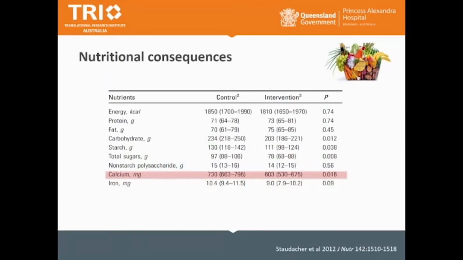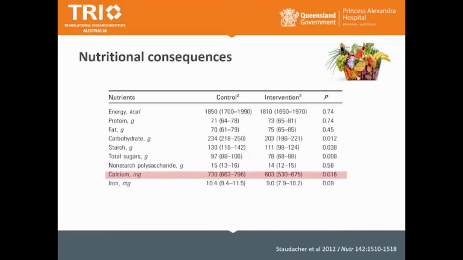So I just want to touch a little bit on the nutritional consequences of the low FODMAP diet. You can see here, this is a comparison of patients who were randomised to continue their normal diet, so that's the control group, and patients randomised to receive low FODMAP dietary advice, and this is their nutrient intake at 4 weeks. And you can see energy intake, protein, fat intake was not different between the two groups. Carbohydrate was different, which we would expect, although 200 grams a day is still quite a lot, so we weren't too concerned about that.